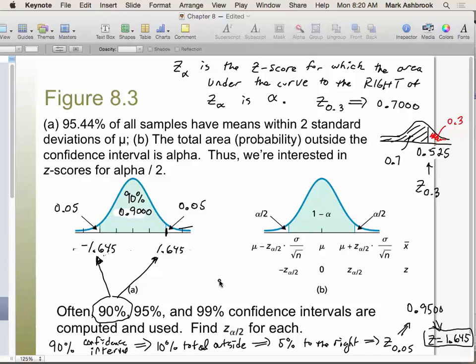You're using the table opposite of how we used to. We used to be given a z-score and then figure out the area. But now you have the area, so you're going into the four-digit numbers, looking for 0.9500, and then working your way out to the edges to find the z-score. Does it make sense?